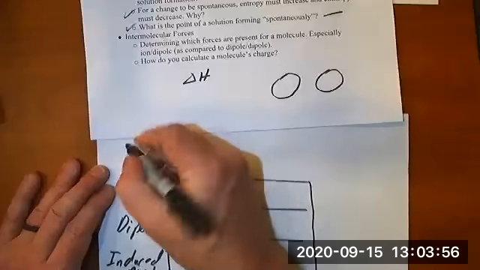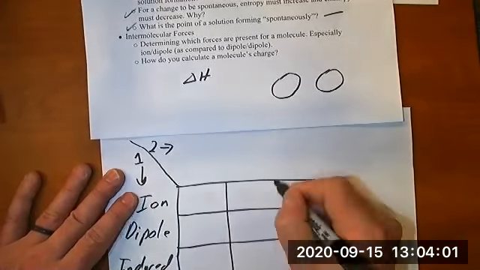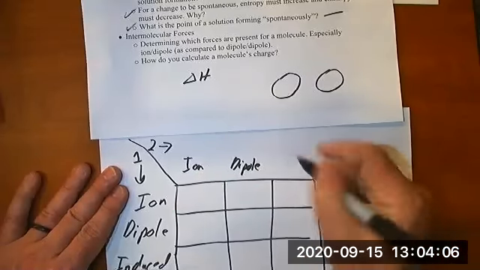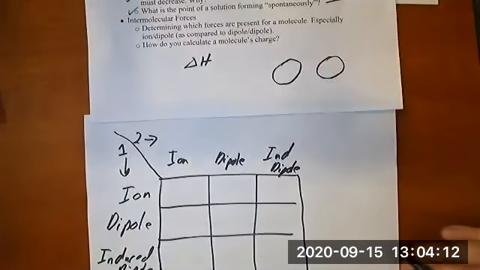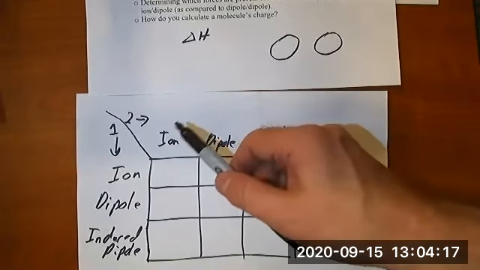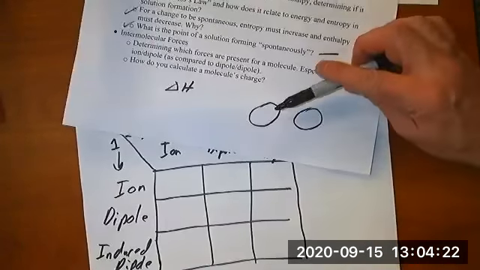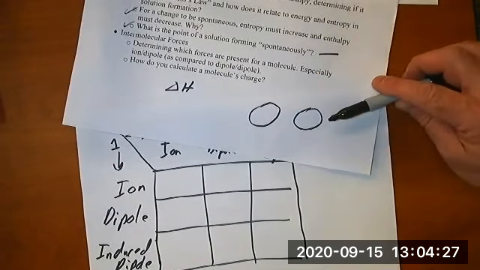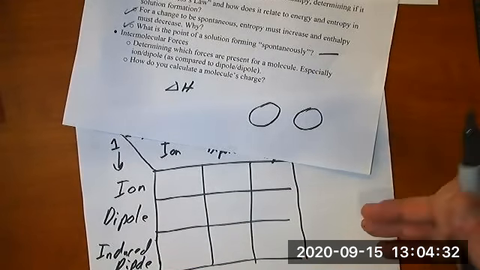And so this is one molecule. This is the second molecule. And so in order to determine, do I have ion dipole interactions, what you do is you say, does one molecule have ionic character? And does the other molecule have dipole character? If yes, then yes. That's what you do.